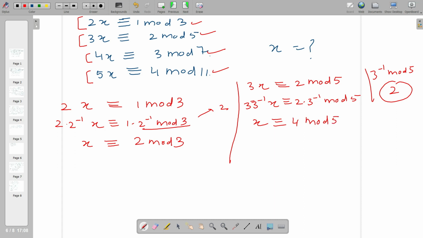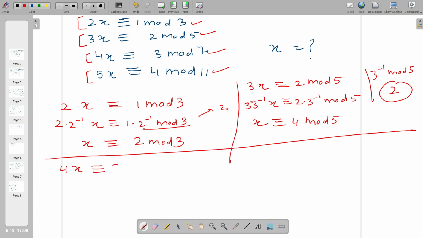Now for the third equation, 4x is congruent to 3 mod 7, we multiply both sides by 4 inverse, so x is congruent to 3 into 4 inverse mod 7. 4 inverse mod 7 comes out to be 9.